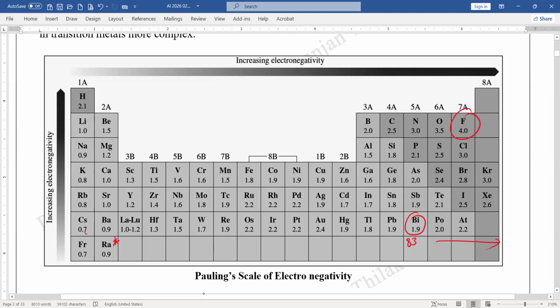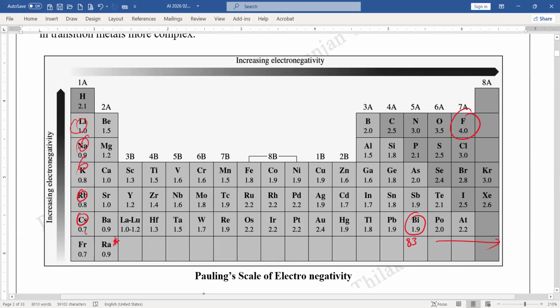See here, calcium and strontium are the same. So down the group, what happens to the electronegativity? You can see that it is decreasing: lithium, sodium, potassium, rubidium, cesium, like that.